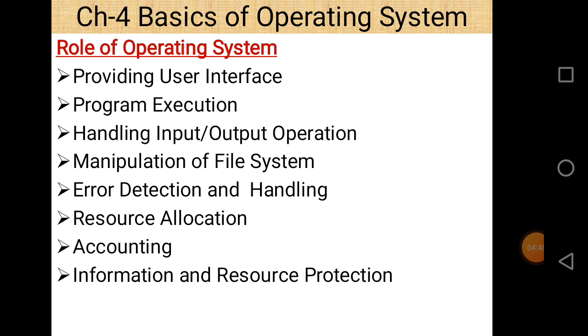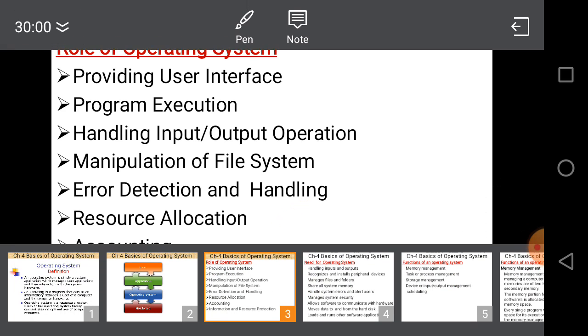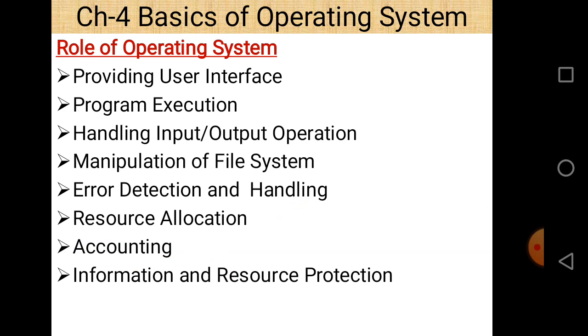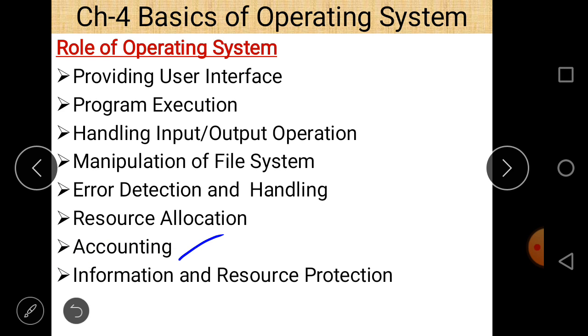And next task of operating system is accounting, after the resource allocation. So it also manages different tasks of a computer system.